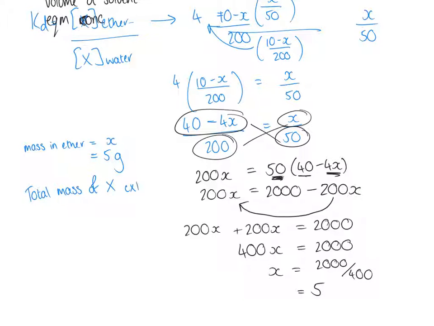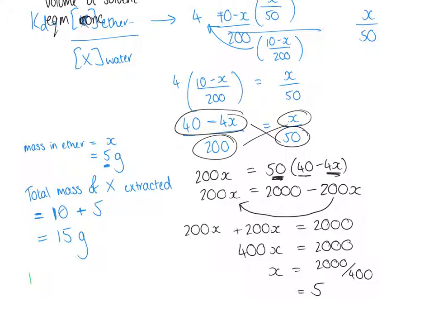So the total mass of x extracted is going to be the mass I extracted from my first washing. And if you look back to the first part of this calculation, we extracted 10 grams from the first washing. And we have just worked out that we have extracted 5 grams from the second washing. That gives me a total of 15 grams of x extracted. Compare that to your answer from 1A, which we did on page 55.